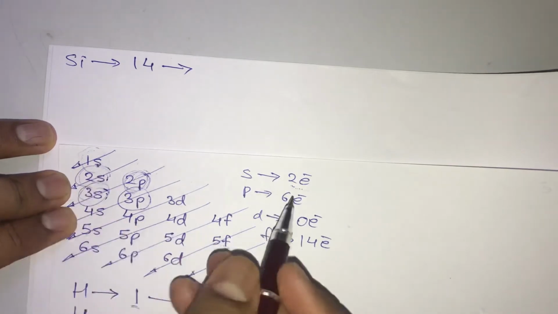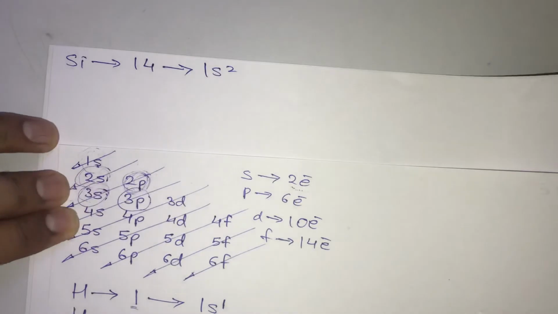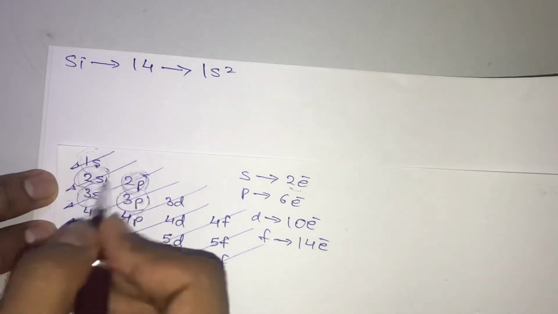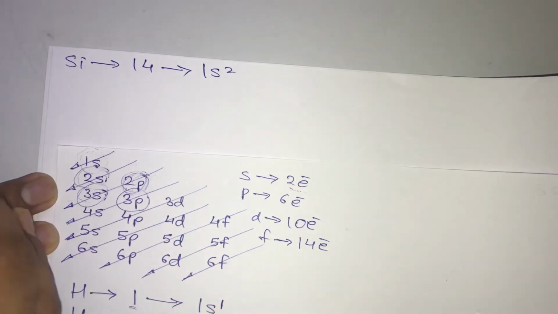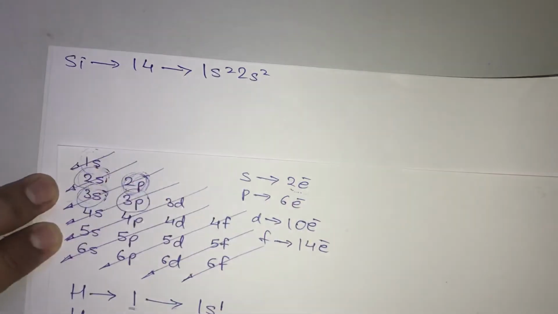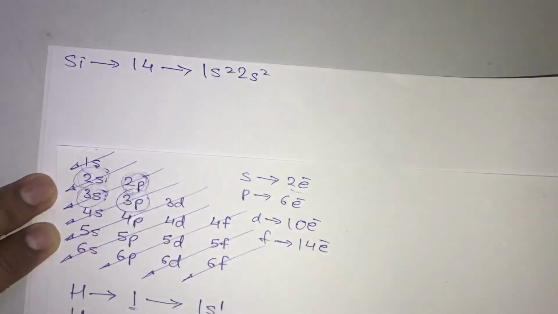So 1s can take a maximum of 2 electrons. After 1s comes the second diagonal, where we first meet 2s. So this 2s is going to take a maximum of 2 electrons. So out of 14, 4 are gone. We are left with 10 more.